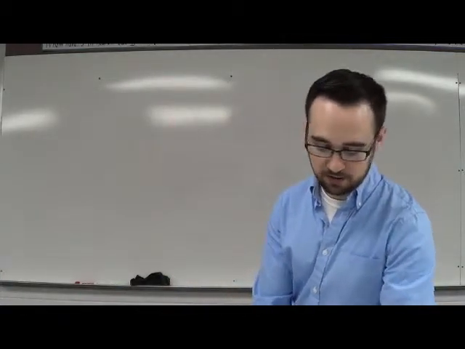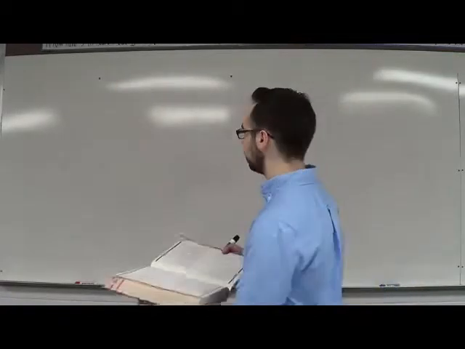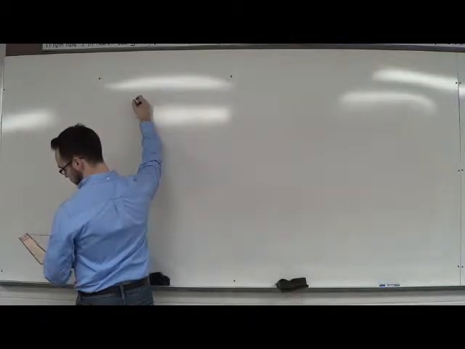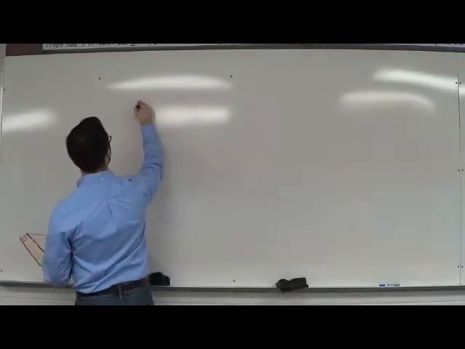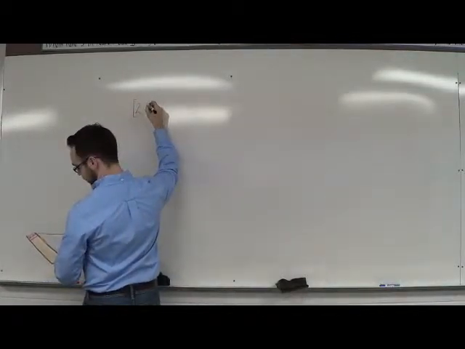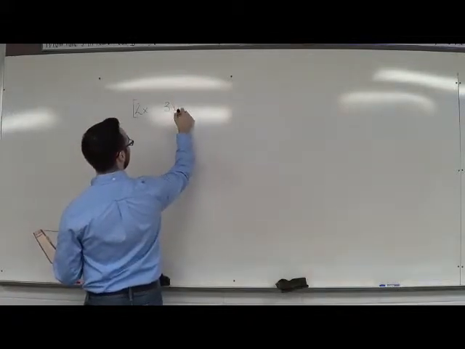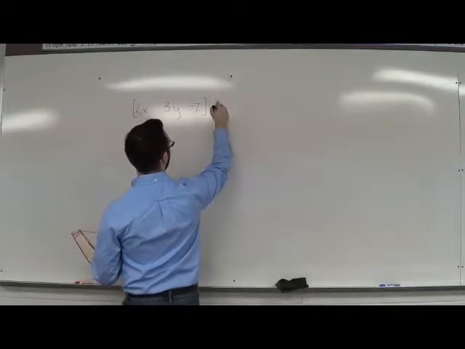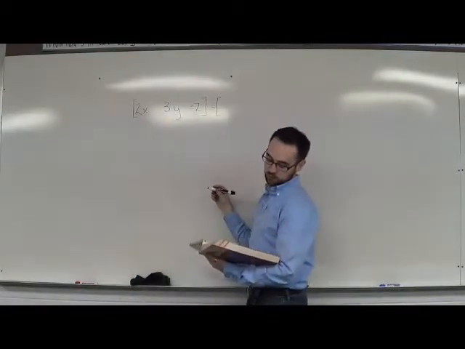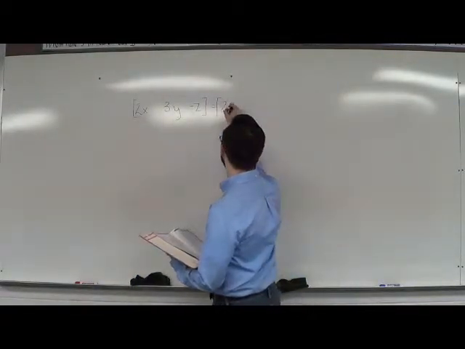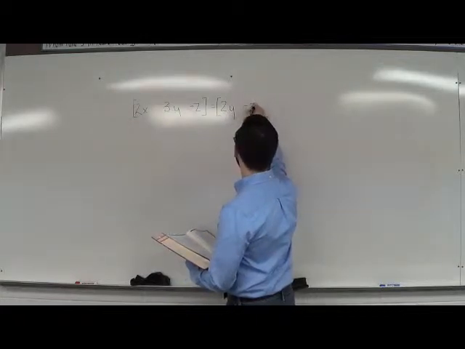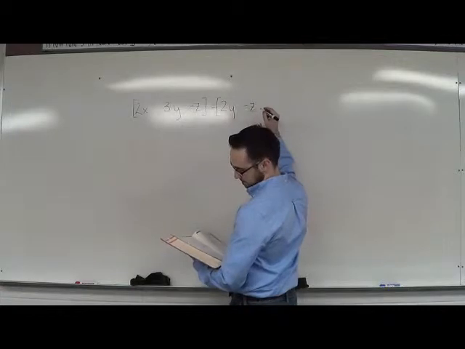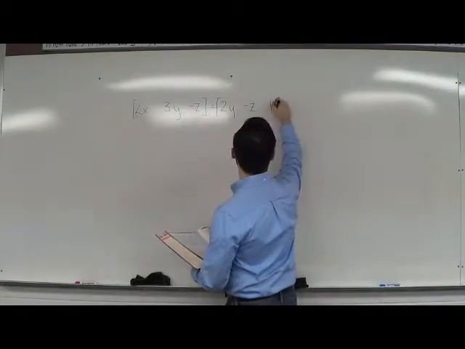In 4.1, we're going to have this problem, which is where we're setting up matrix equations. So we have the matrix 2x, 3y, and negative z, and we're setting that equal to 2y, minus z, and 15.